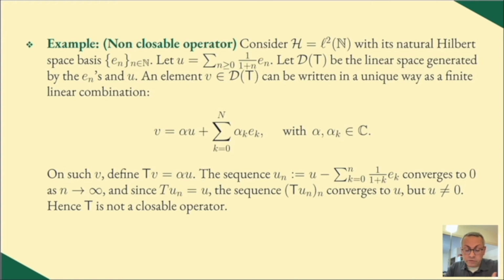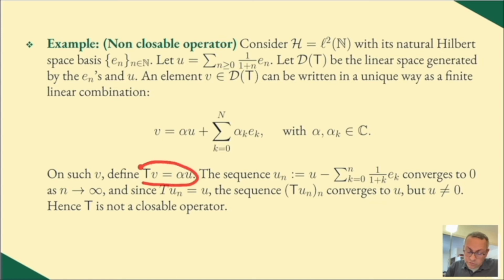This means that any element in D can be written in a unique way as a linear combination of u and the e_k, a finite sum, where the alphas are complex numbers.